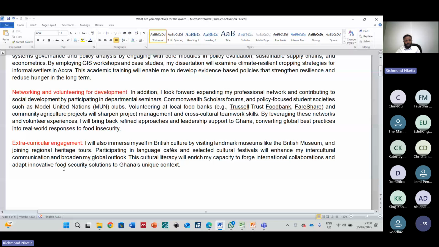This cultural literacy would also enrich your capacity to forge those international collaborations. Remember, you couldn't solve this problem all by yourself. You need people. So you might get to the food banks or wherever, cultural festivals, museums, and meet people who share your interests, people who are interested in donating to addressing the problem you said you want to address.